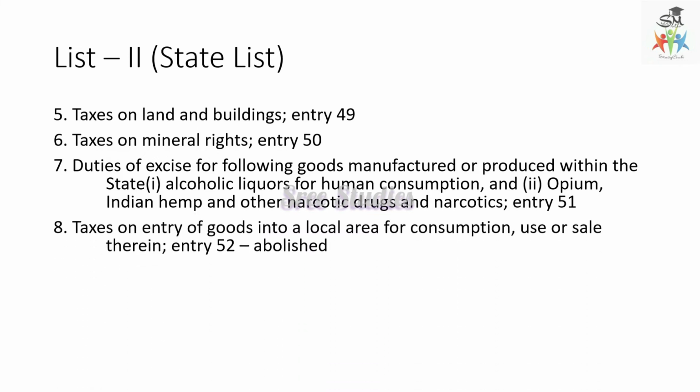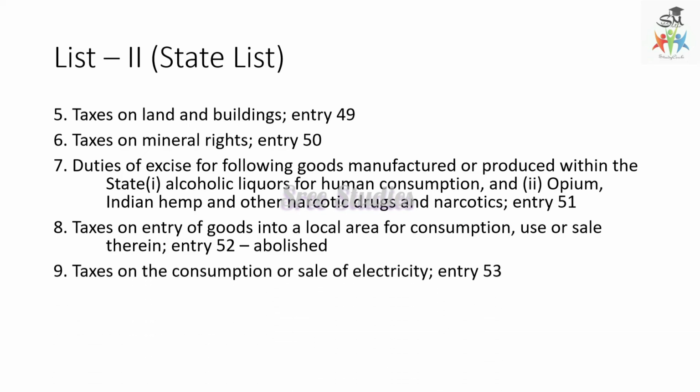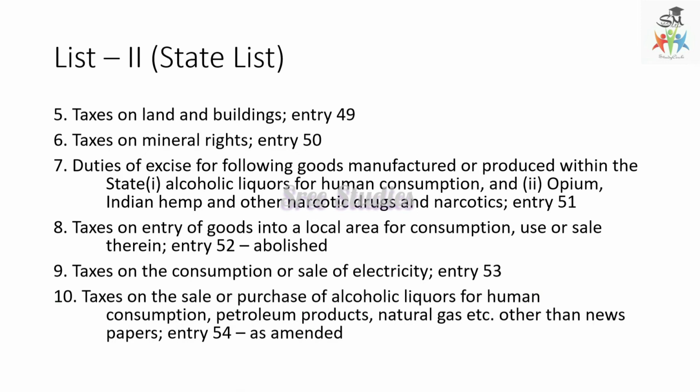So taxes on the entry of goods into a local area for consumption, use or sale therein, that is 52. Now it is not there. It is abolished since we are using GST. Taxes on consumption or sale of electricity, entry 53. Then taxes on the sale or purchase of alcoholic liquors for human consumption, petroleum products, natural gas, etc., other than newspapers.